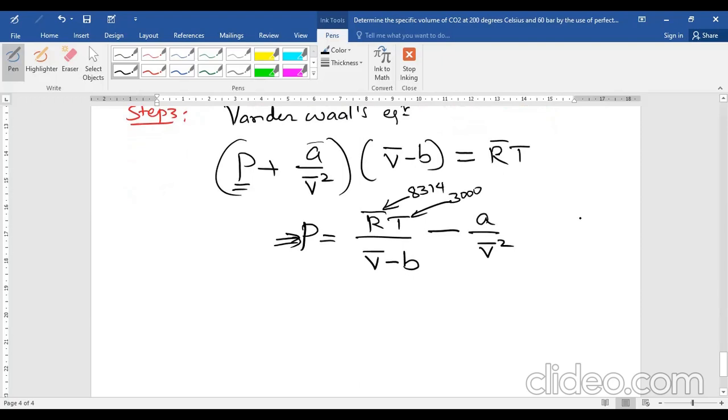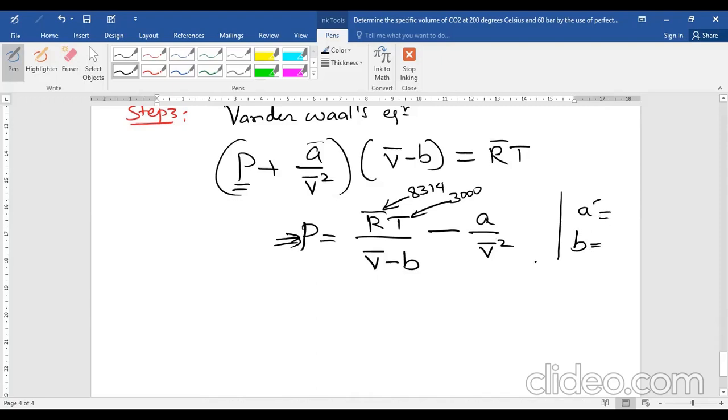300. And dear students, constant A value and constant B value, you have to take from the thermodynamic data handbook. Because you cannot remember the constants of all gases. So sometimes it will be given in the question paper directly, or else you need to ask permission to refer to the thermodynamic data handbook. They will issue it in the exam.